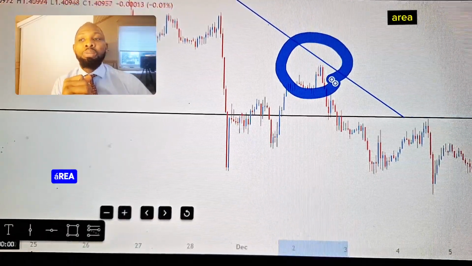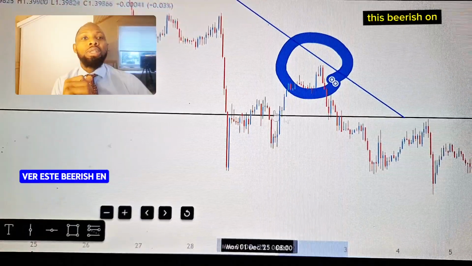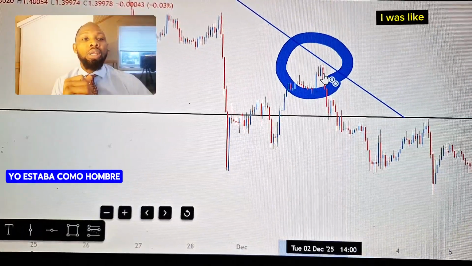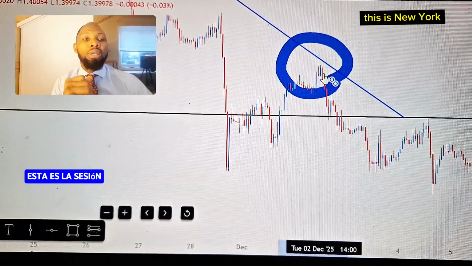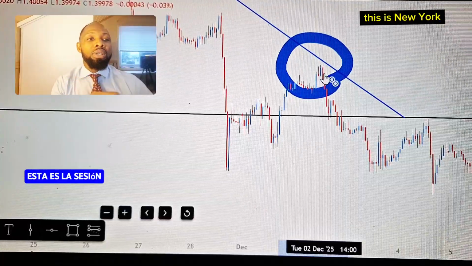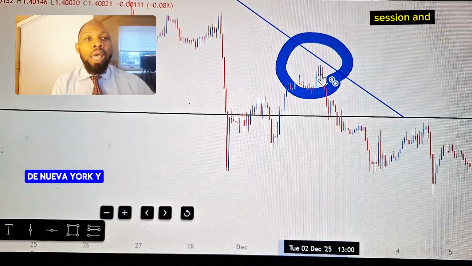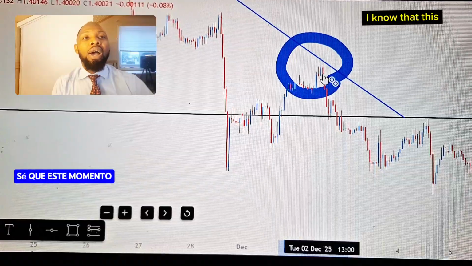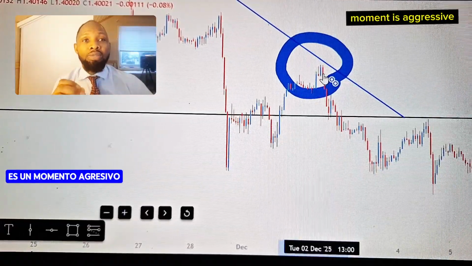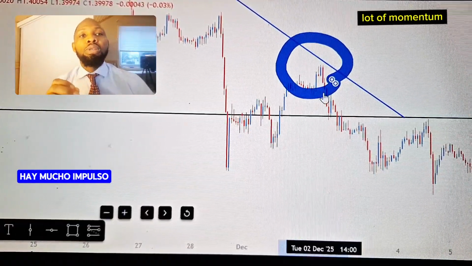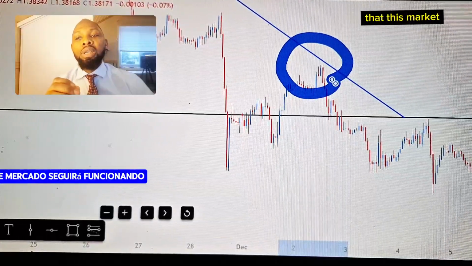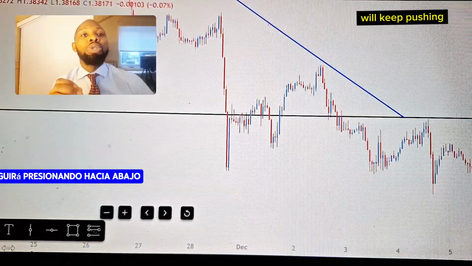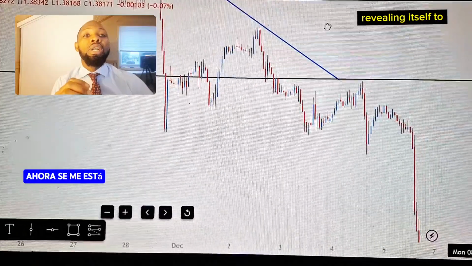After seeing this bearish engulfing candle, I was like, man, this is the New York session. I know that this moment is an aggressive moment. There's a lot of momentum. So I believe this market will keep pushing down. It's now revealing itself to me.